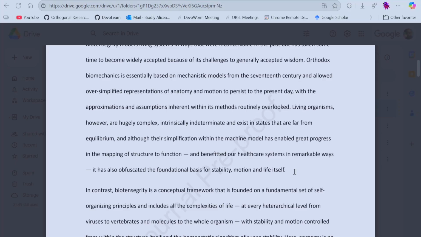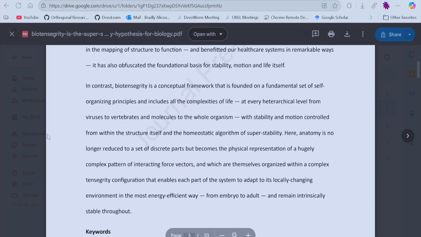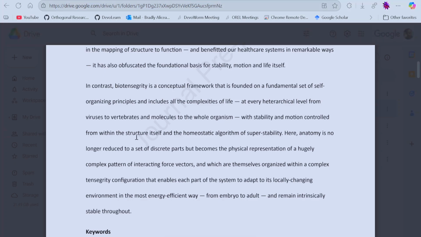Biotensegrity is a conceptual framework that is founded on a fundamental set of self-organizing principles and includes all complexities of life at every hierarchical level, from viruses to vertebrates and molecules to the whole organism, with stability and motion controlled from within the structure itself and the homeostatic algorithm of superstability.